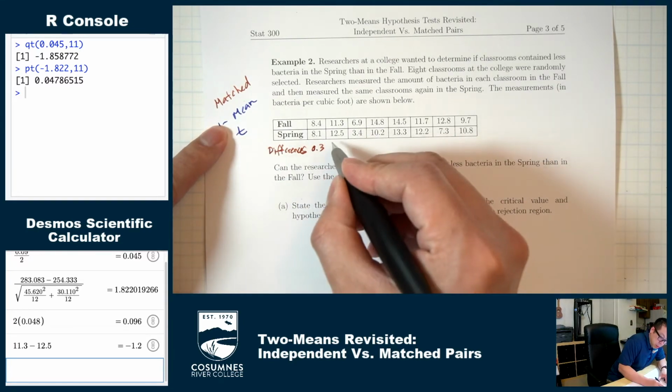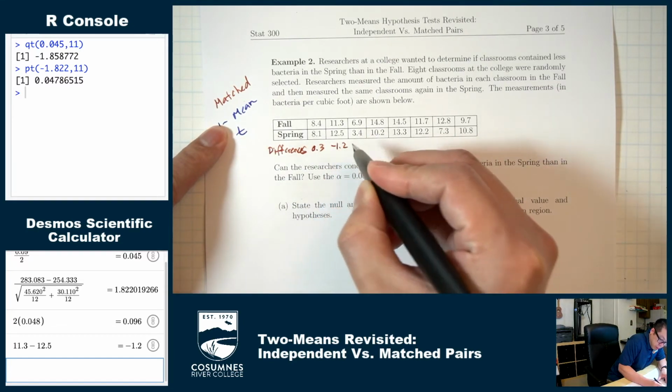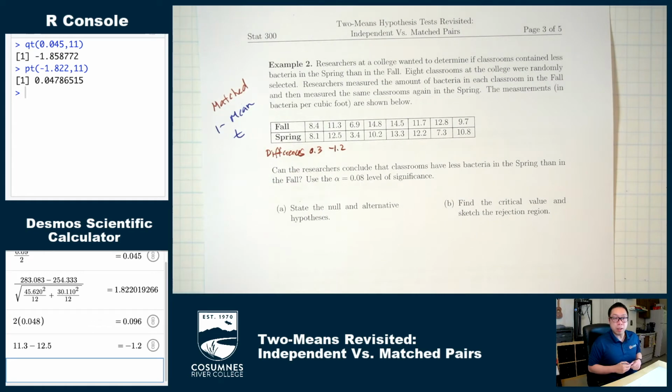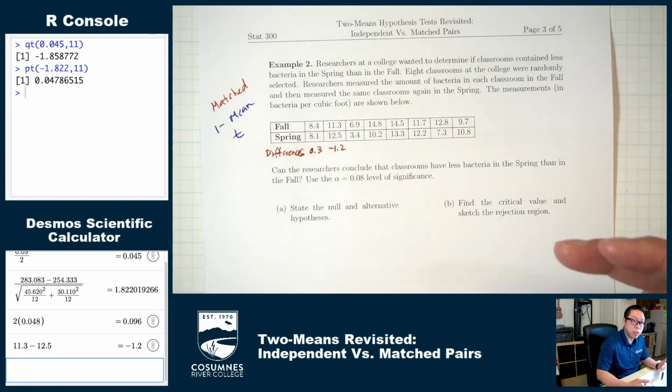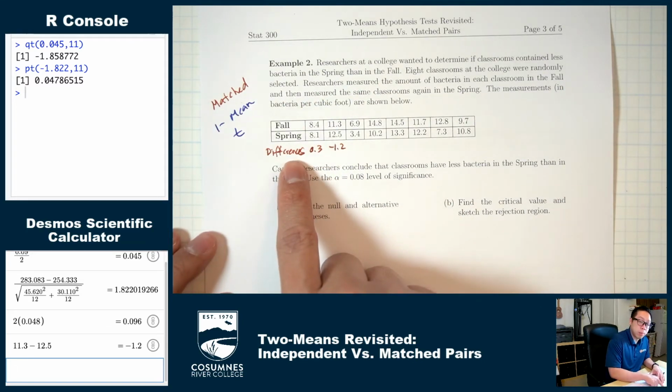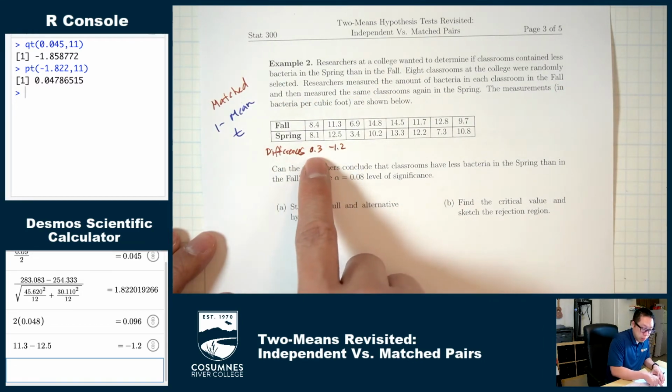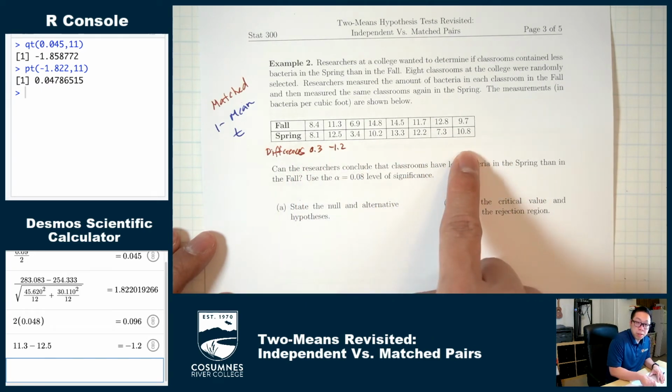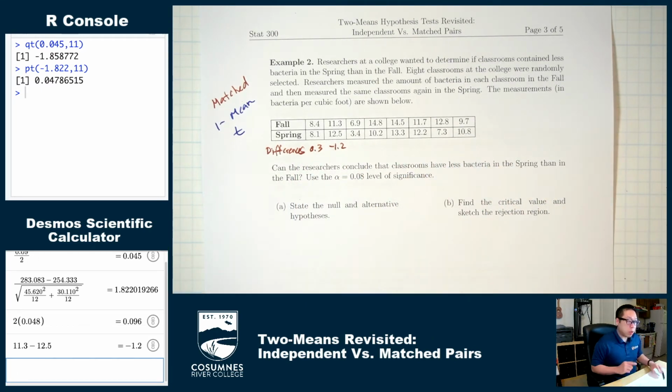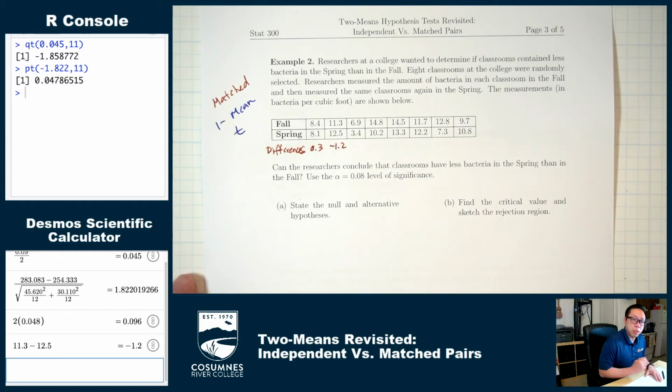So don't do this by hand. We're going to do this in Google Sheets. So the idea here is if it's matched, we're going to combine the two samples together by subtracting them, and then we'll deal with the one set of numbers, the differences. Okay? So let me switch over to Google Sheets and enter this and then show you what to do.